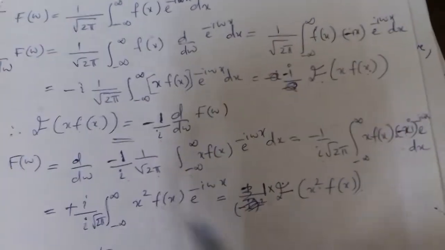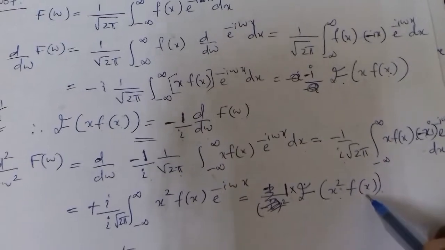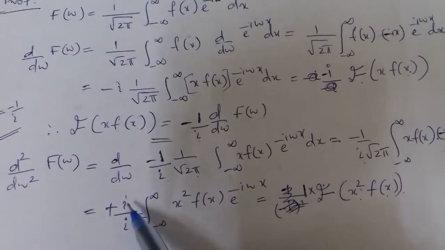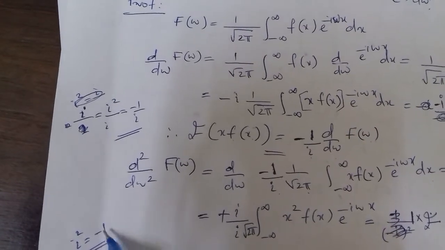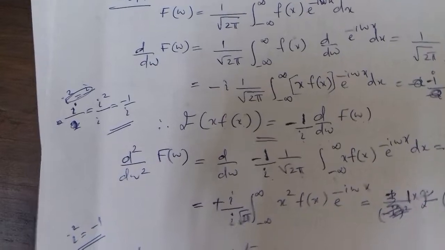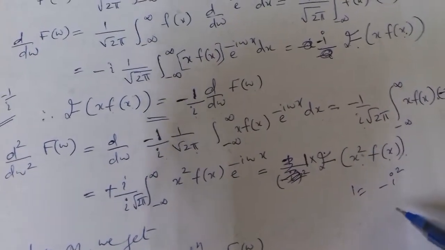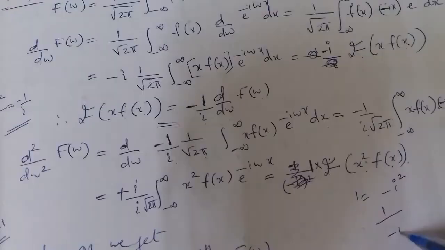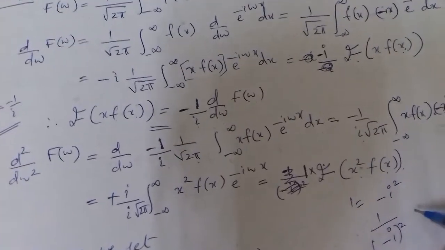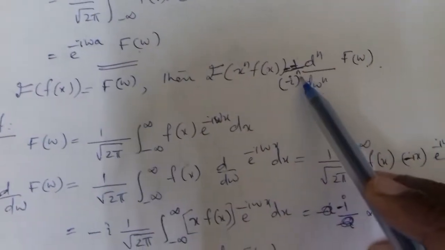Here it becomes x into x, that is x square f of x. So this is the Fourier transform of x square f of x. And the constant is 1 by minus i the whole square, because we have to put n equal to 2.